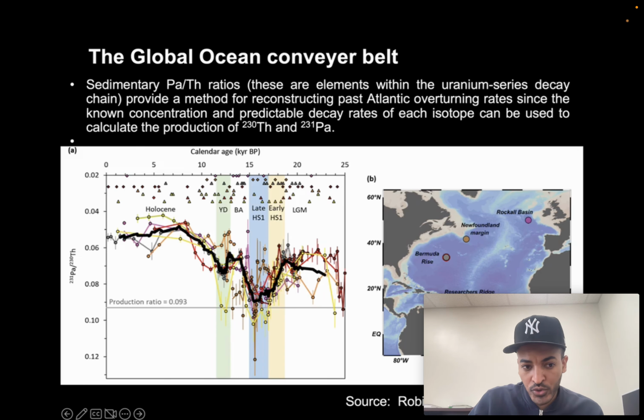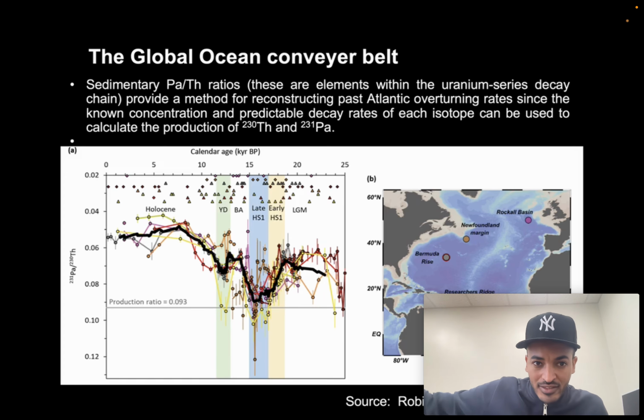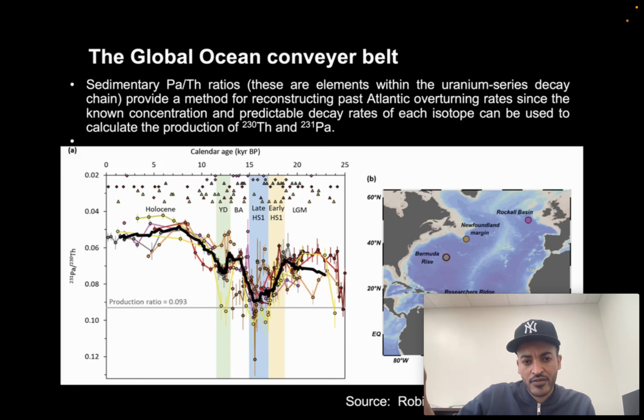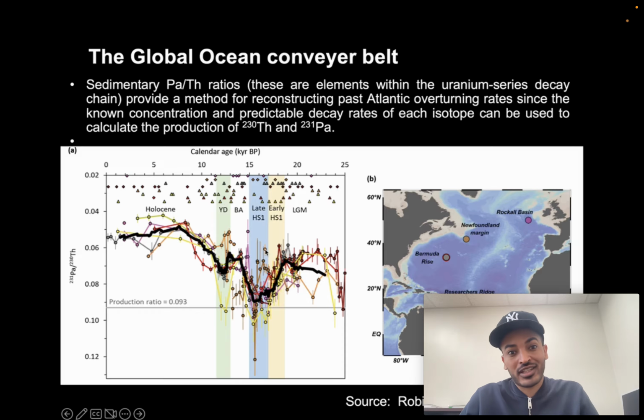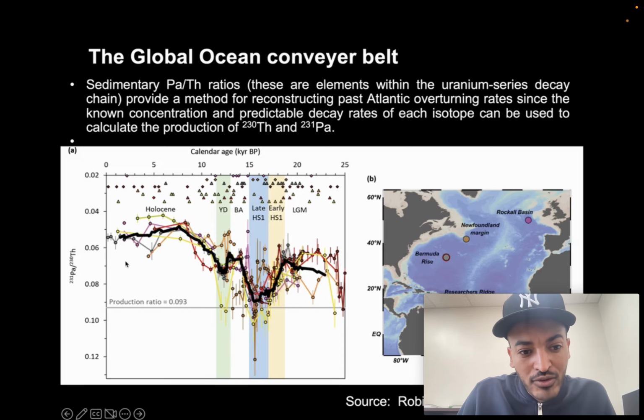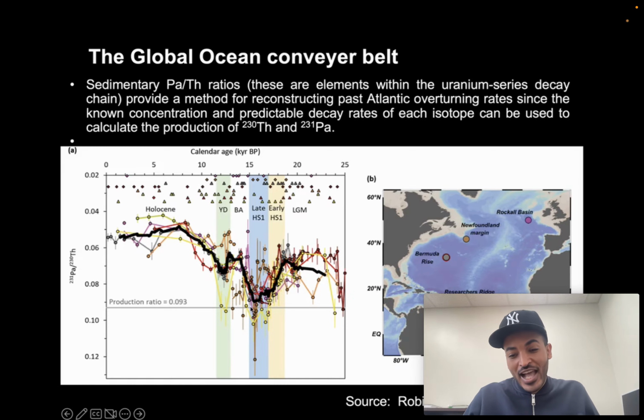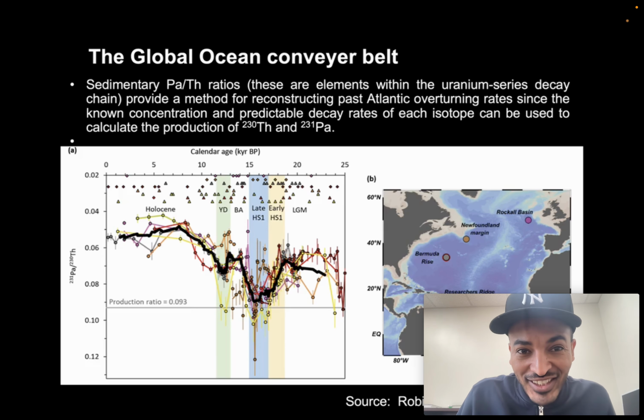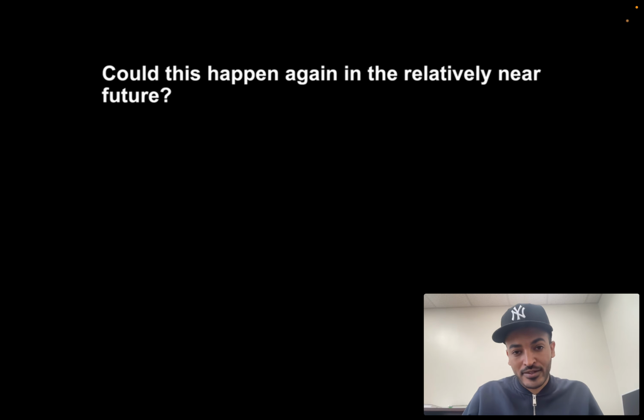What I want to show you is that we have ways to reconstruct the paleoceanographic conditions going back in time, and I have a separate lecture dedicated to paleoclimate and how that is important. But here we have an instance of the AMOC, the global conveyor belt, completely shutting down in the past. So what does that mean?